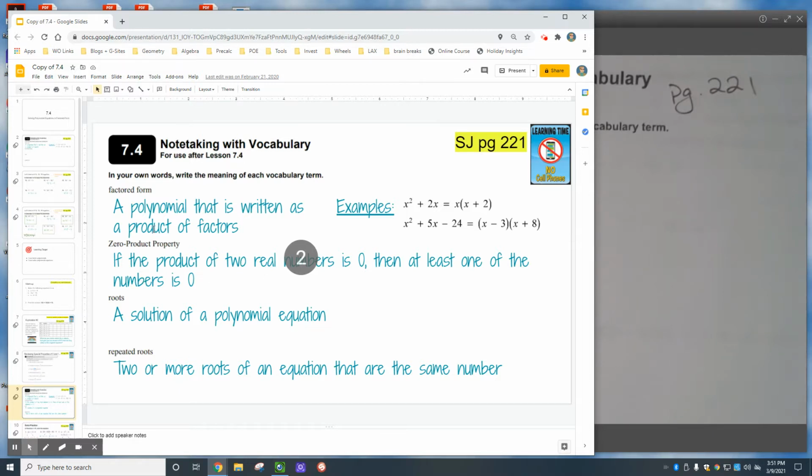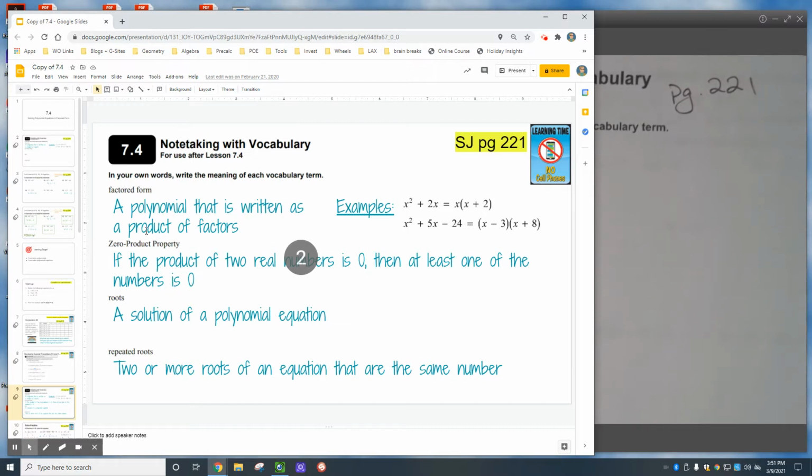The reason for doing that is something called the zero product property. We'll get to what that is in a minute, but the zero product property states that if the product of two numbers is zero, then at least one of the numbers has to be zero. So if you multiply two things together and the answer is zero, the only way to do that is if one of those two numbers or both are zero.